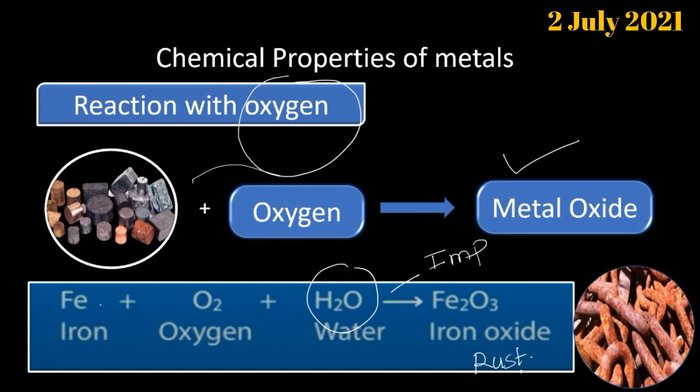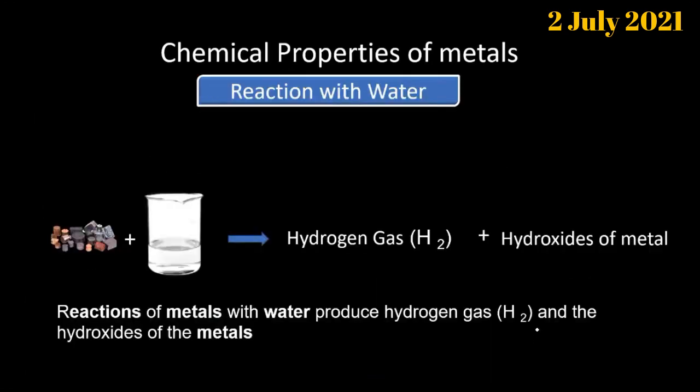Right. Next, what we have seen is reaction with water. When metals react with water, hydrogen gas is evolved, and then hydroxides of metal are formed. So what is the conclusion?